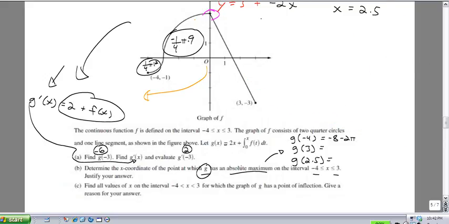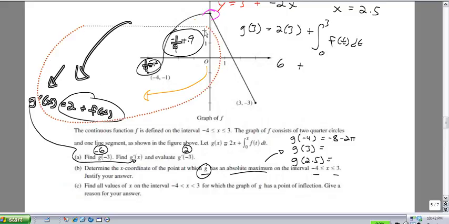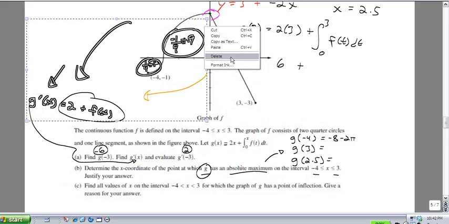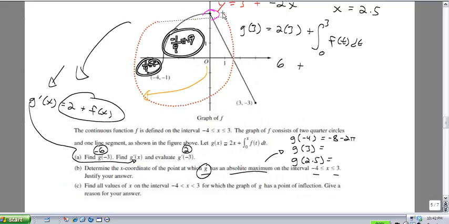Same principles will apply. G of 3 equals 2 times 3 plus the integral from 0 to 3 of f of t dt. So that's 6 plus, now we're going to find an area.